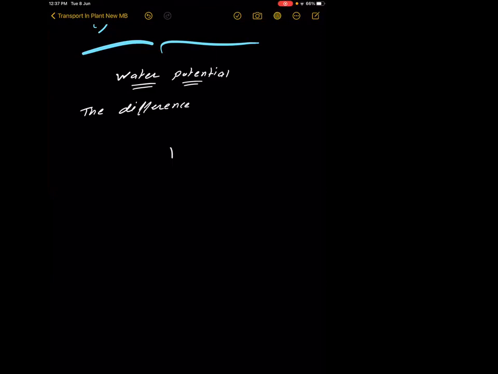Just a minute, let me define here. This is pure water, no solid is added. Okay, pure water is there. This is pure water, and this is the solution. Some solids are there, solid molecules. So this is solution.